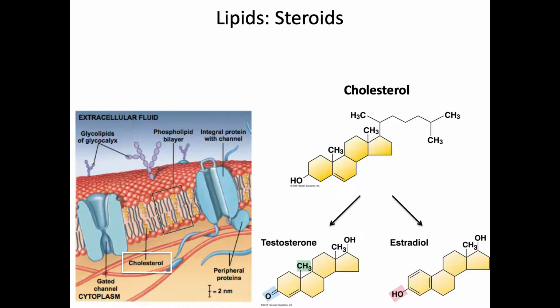But we do need cholesterol because we can make our sex hormones from cholesterol, which include our testosterone and our estrogen. We need cholesterol also because it's inserted into our cell membrane. It's randomly inserted so that it can stabilize the fluidity of it.